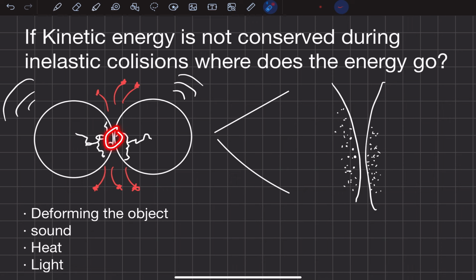Also, let's take a closer look at this barrier right here, this border between the two objects as they collide. So when they collide, they're hitting each other. And that collision is going to cause the atoms on the edge to be moving faster. And then when they move faster, they're going to bump into other ones that start moving faster, and that energy is going to spread through the object.